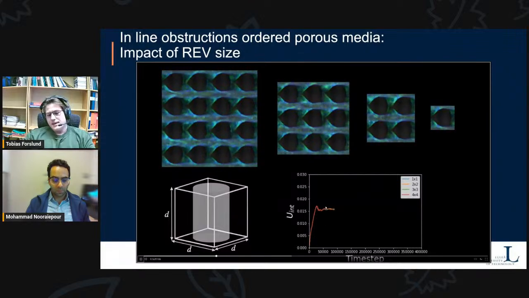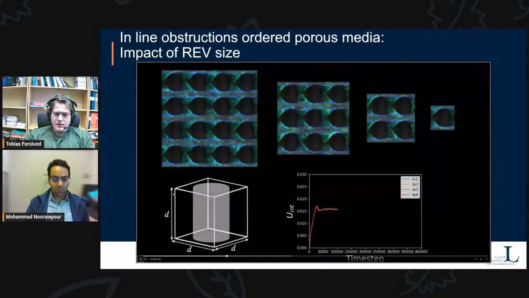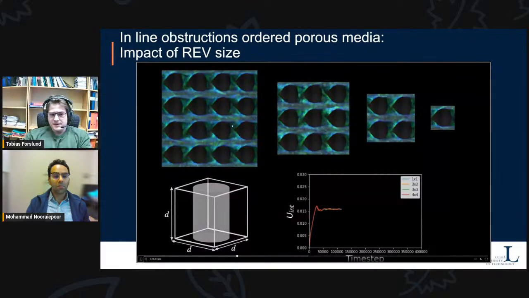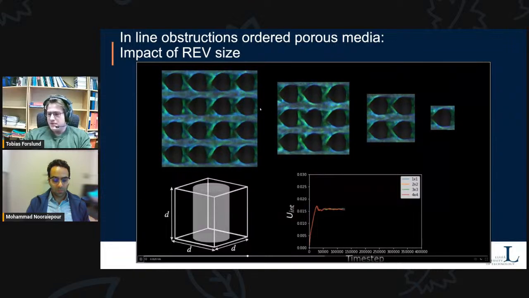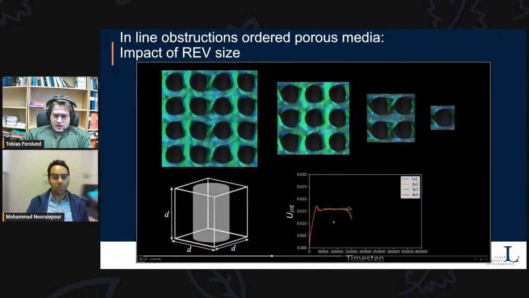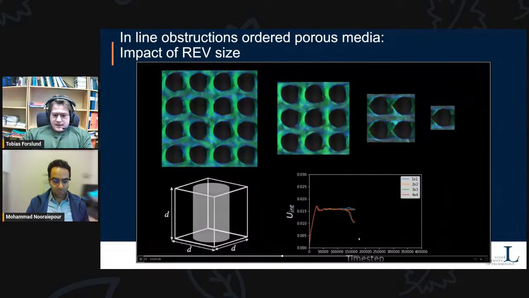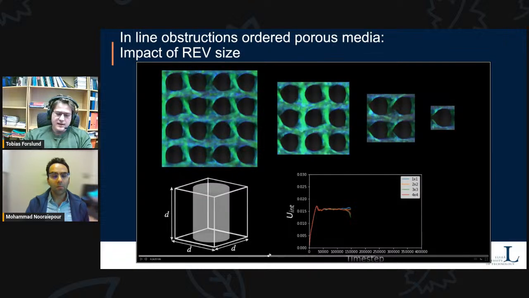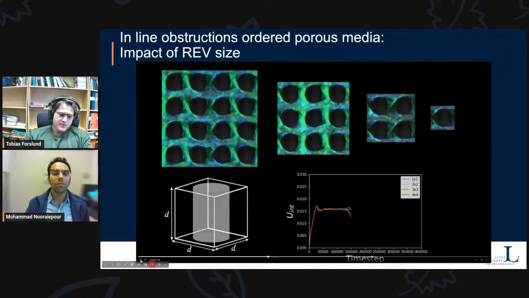The difference is only the number of times this representative elementary volume is tiled, so how many repetitions you have of it. And at around time step 130,000, you can see a trend break for the 4x4 and the 3x3 repetition.